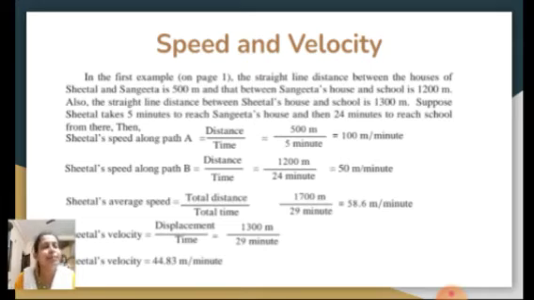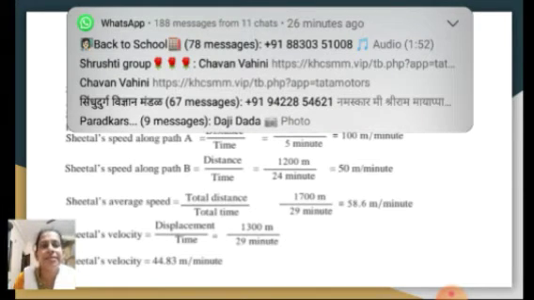So that means the total distance is 500 plus 1200, that is 1700 meters. This I have talked about previously. Also, the straight line distance between Sheetal's house and school is around 1300 meters. That is the minimum distance we have.